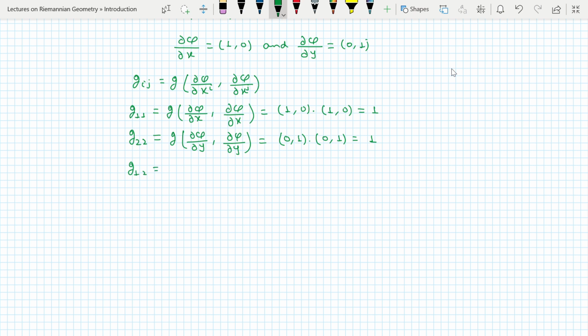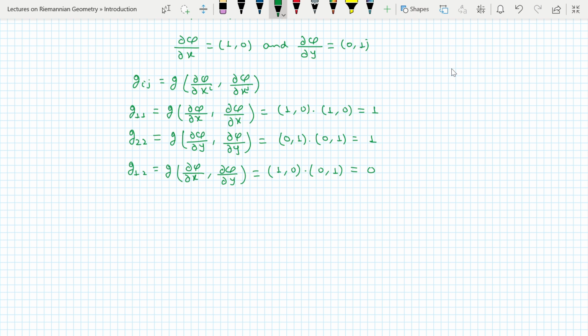Okay. What else do we need? Well, we need G12. What is G12? G12 is g of del phi over del x, comma del phi over del y. So this is the dot product of (1, 0) with (0, 1). Well, this will simply be 0.